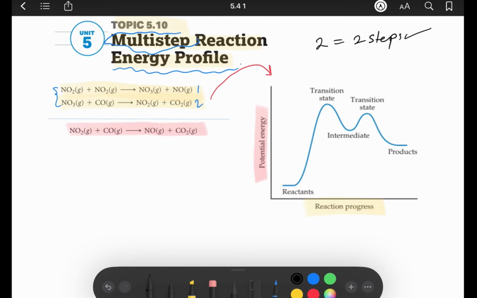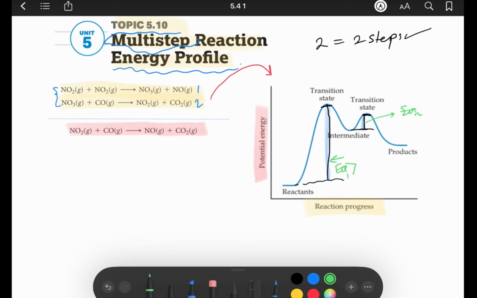Second of all, since we have two activation energies, we can say which of these activation energies is greater in magnitude. We can see that the activation energy for the first step is greater than the activation energy of the second step.